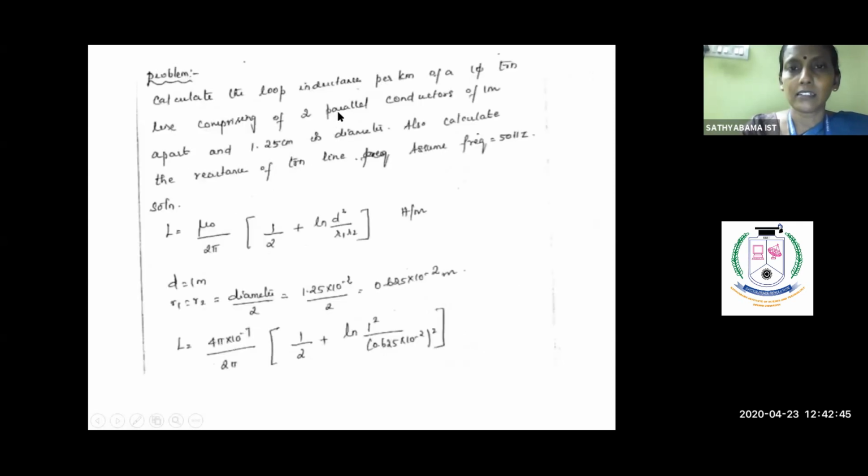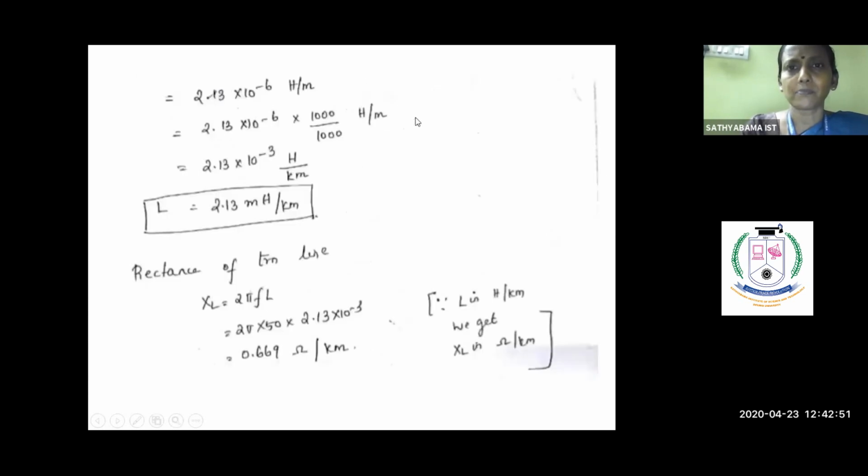But here in the question, they are asking you to calculate the inductance per kilometer. So since it's for per kilometer, multiply and divide by 1000. When you multiply and divide by 1000, you'll get it for kilometer. So when you multiply, this becomes 10 to the power minus 3. And the reactance of the transmission line is being asked here.